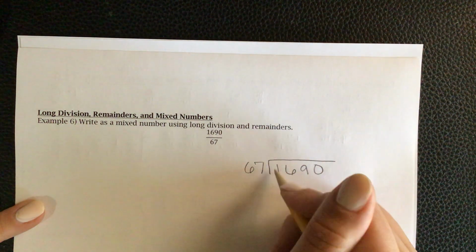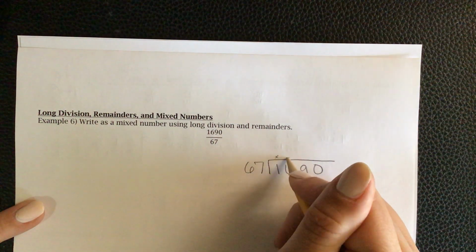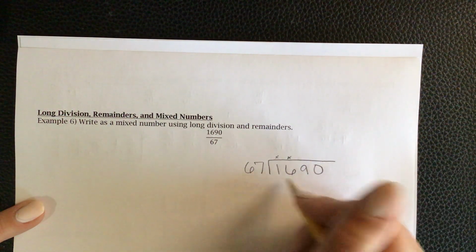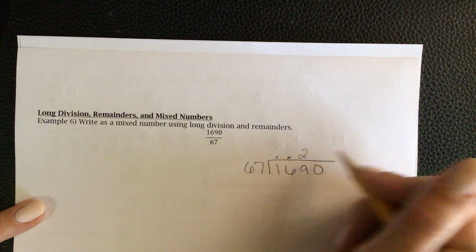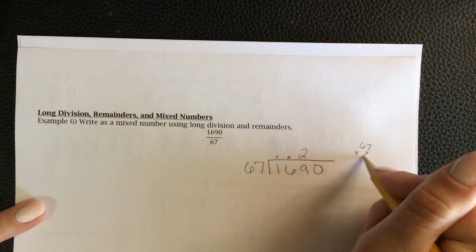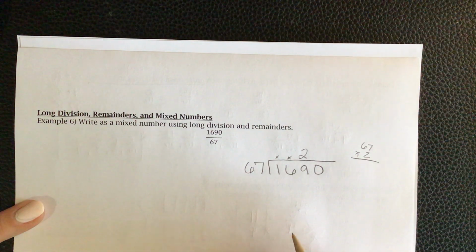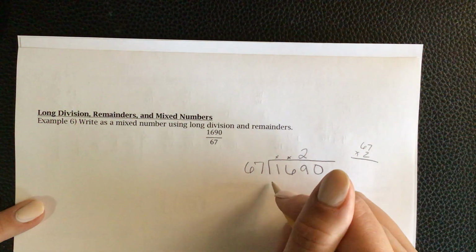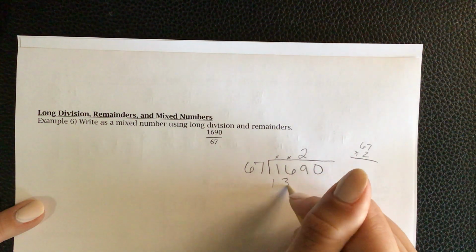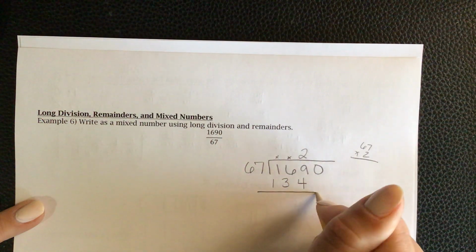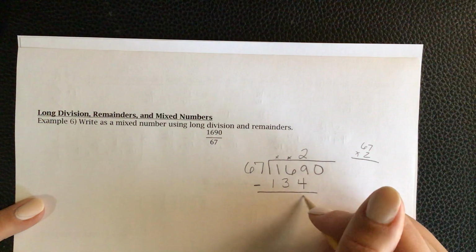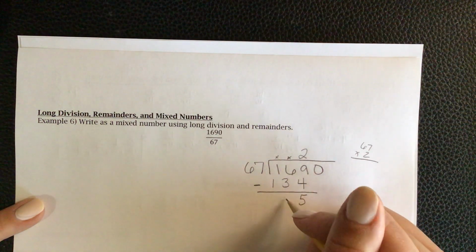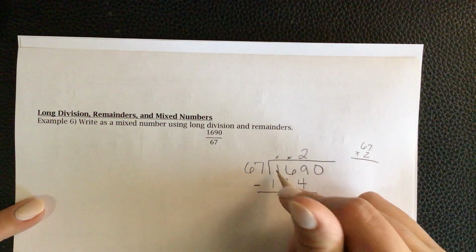I know 67 doesn't go into 1, it doesn't go into 16, but 67 can go into 169 2 times. And if you're not sure, do your math on the side. 2 times 67 is 134. When I subtract, I get 9 take away 4 is 5, 6 take away 3 is 3, 1 minus 1 is 0.